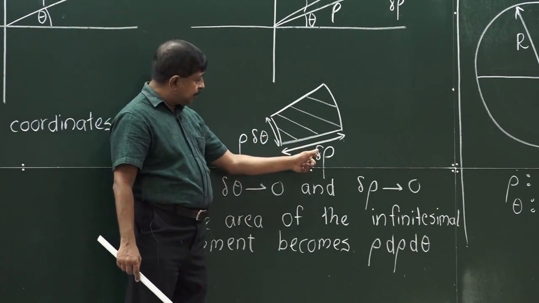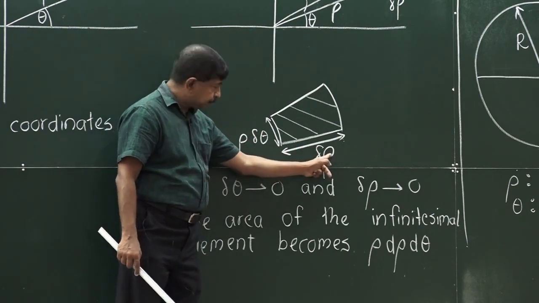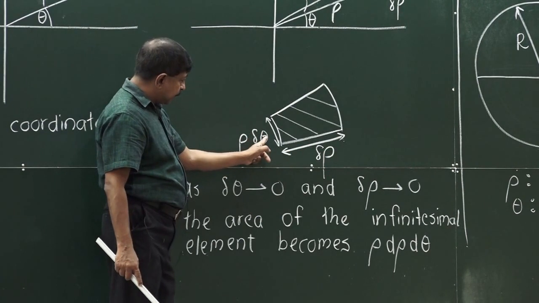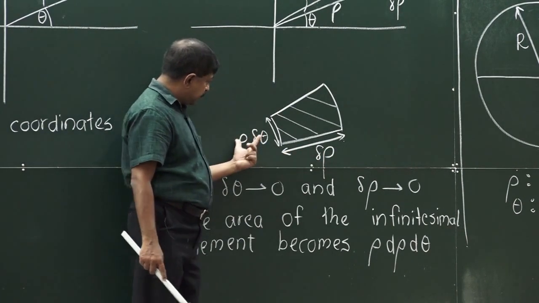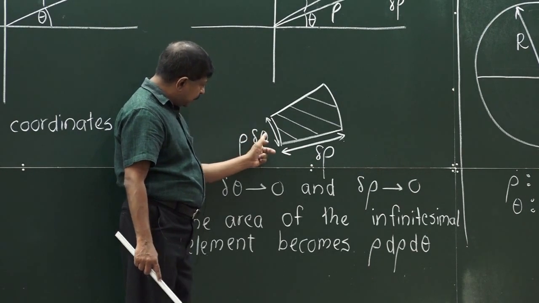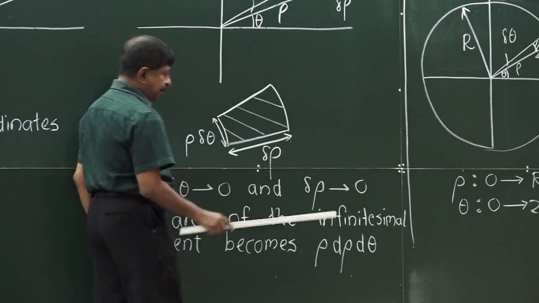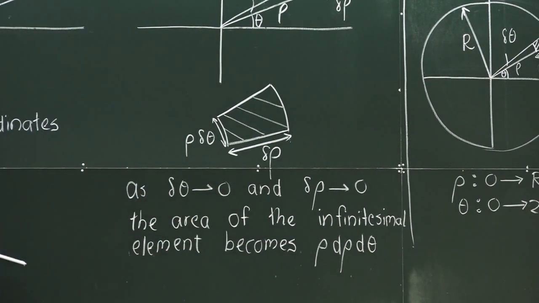Therefore, the area is rho d rho d theta. So that's the area of the infinitesimal element.